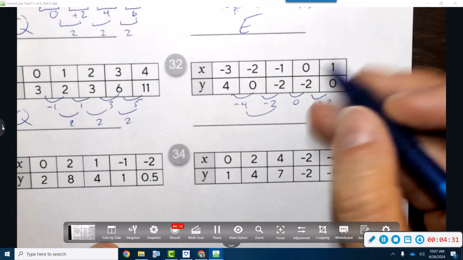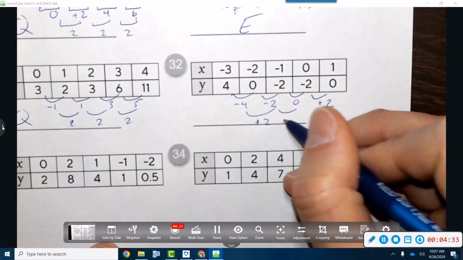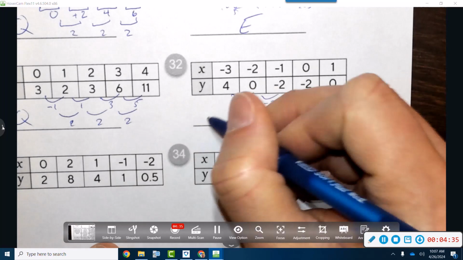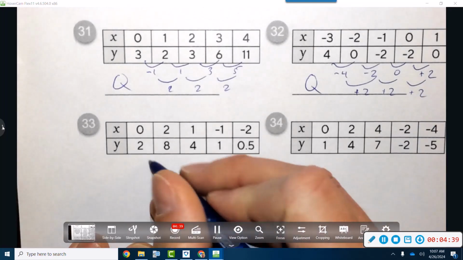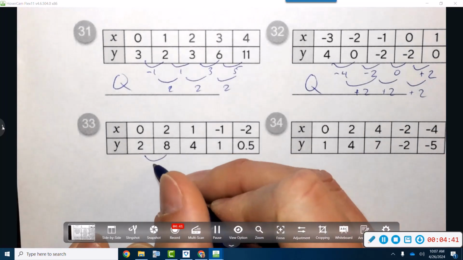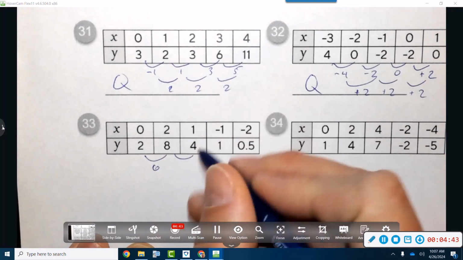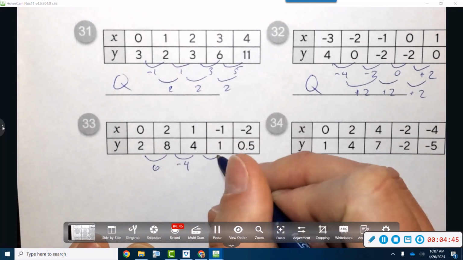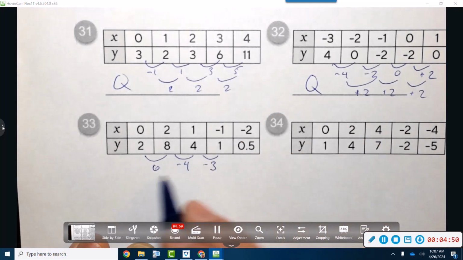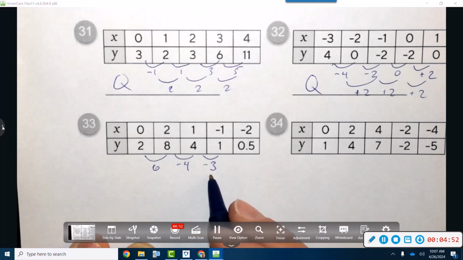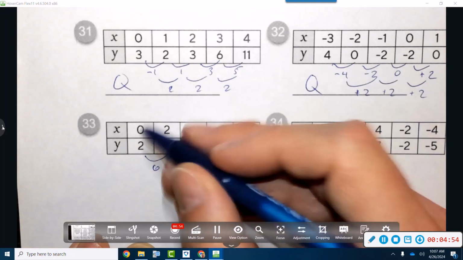So that is a difference of plus 2, plus 2, plus 2. That is a quadratic. This guy here, okay, he went up 6, and then he went down 4, then he went down 3. That's a difference of 10. That's okay, that's not it.